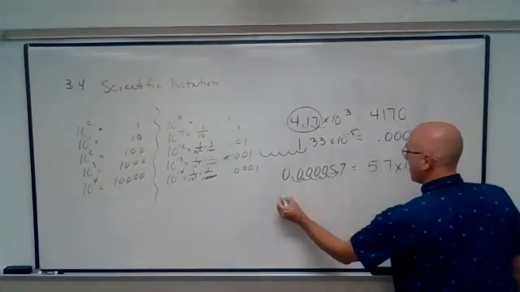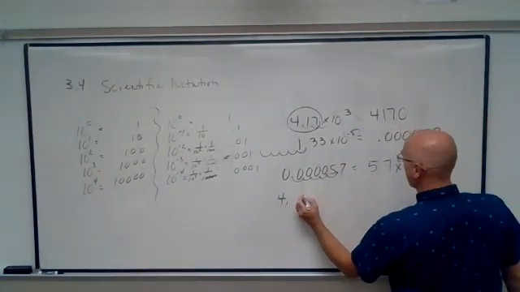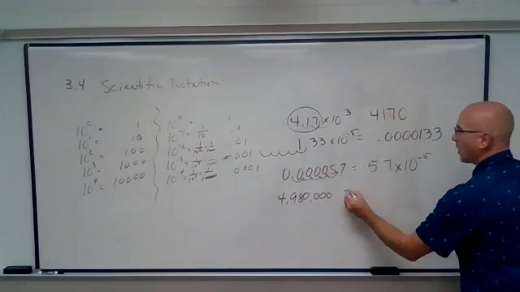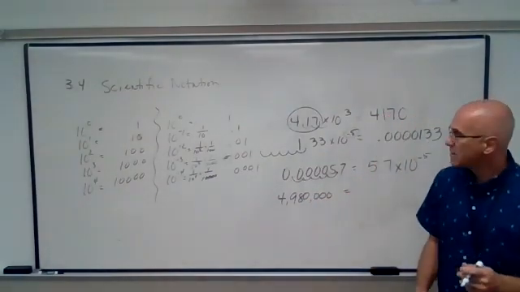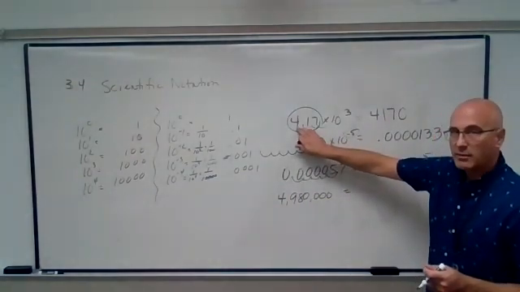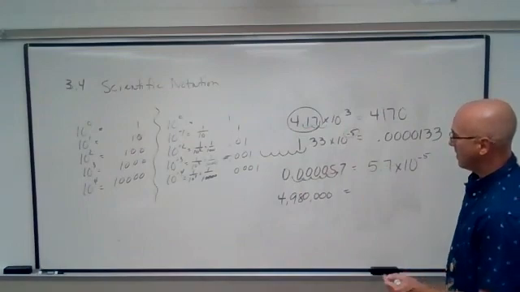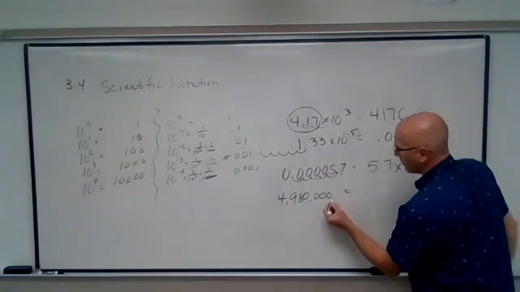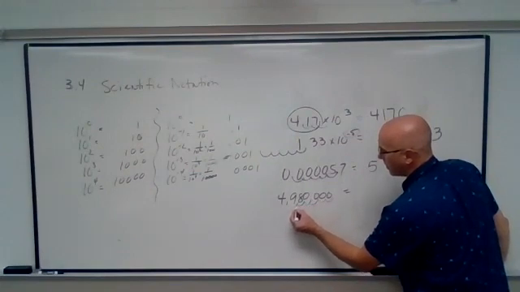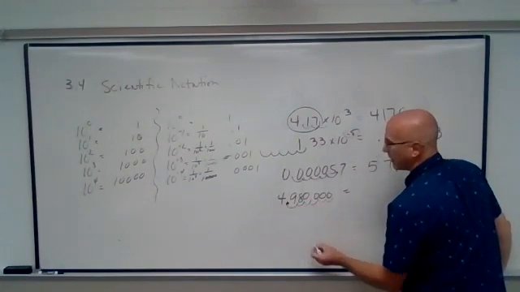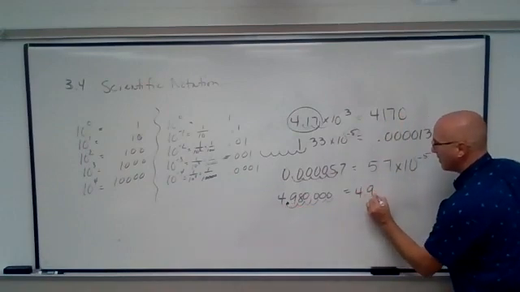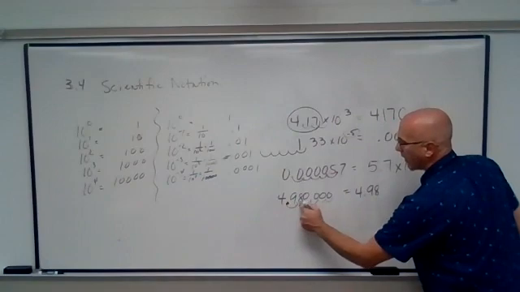Let's do another one. 4,980,000. We are going to write this in scientific notation. So we need a number between 1 and 10 and a power of 10. So if we put our decimal point right there, we get 4.98.